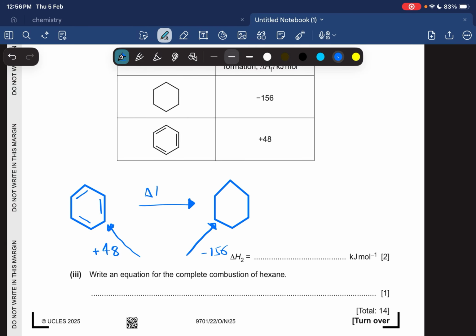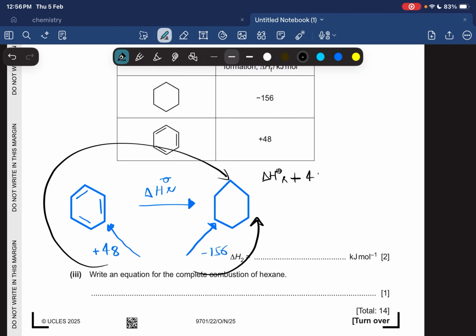So what's going to be the delta H over here? It's going to be of two routes. One is this one and the other is this one, right? For the first route, it's going to be delta H naught R plus 48 equals negative 156.